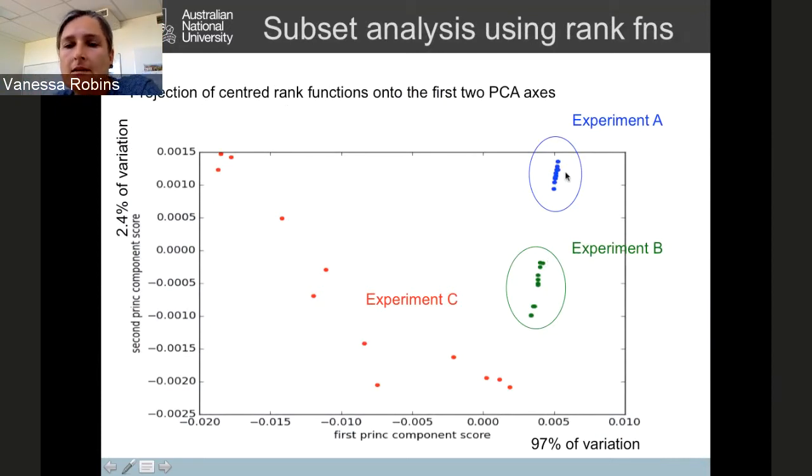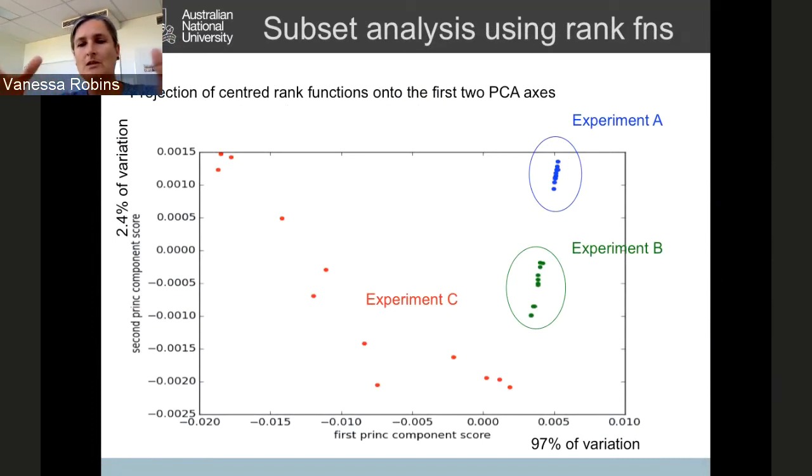So you can see it's clustering the two disordered packings much more closely than the partially crystallized. Experiment C was the partially crystallized data, and you'd expect that because in the partially crystallized data you've got crystalline domains and then loose packed domains.